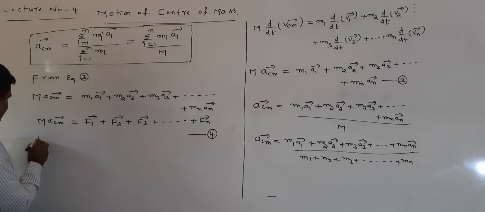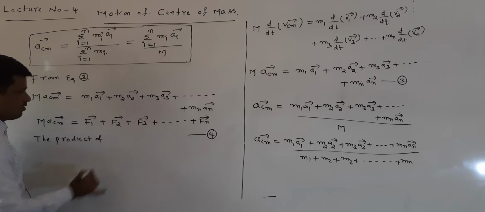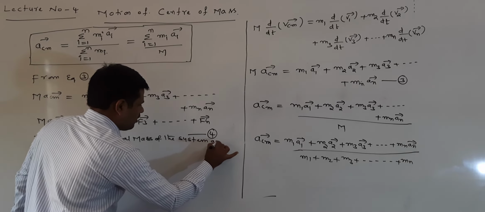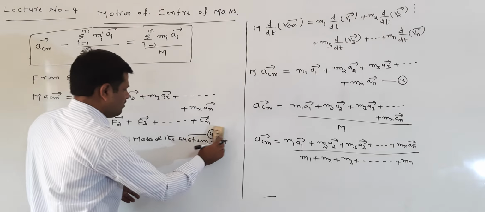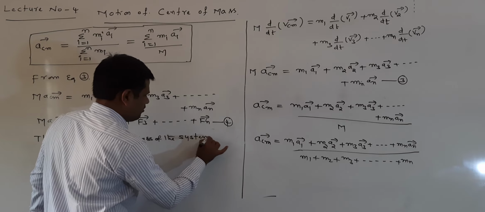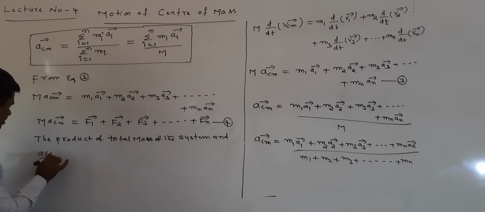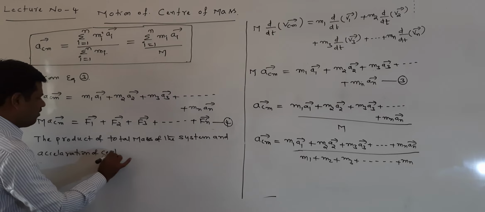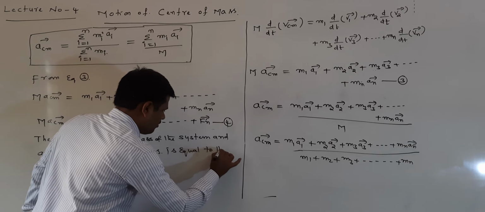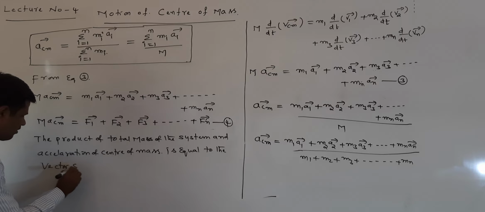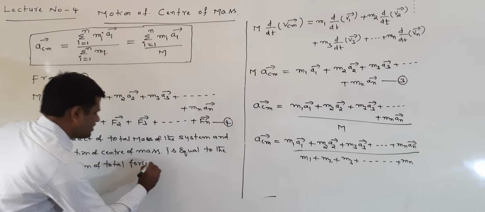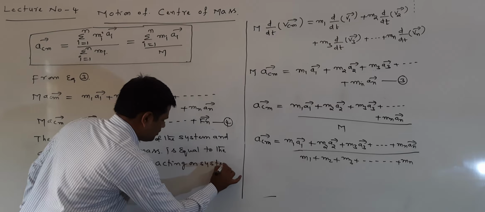I am writing now: the product of the total mass of the system and the acceleration of the center of mass is equal to the vector sum of the total forces acting on the system of particles.